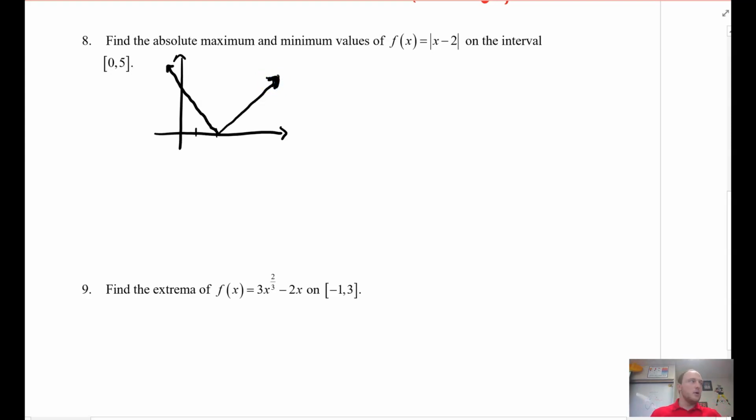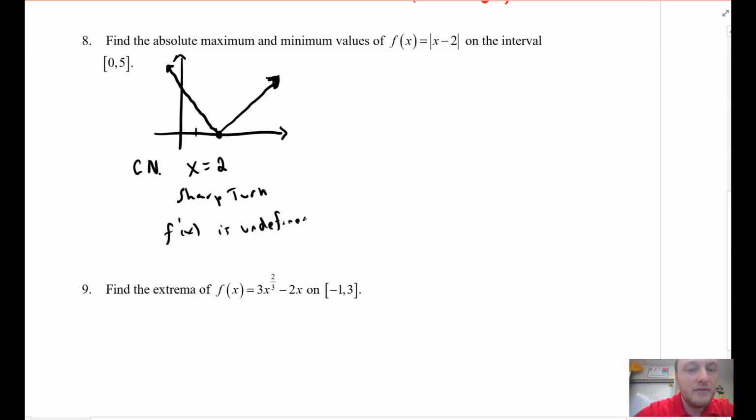All right. So looking at this, a critical number that we have, which I'll abbreviate Cn, occurs right here at x equals 2. Okay, and the reason is this is a sharp turn. So what we have here is f prime of x is undefined.